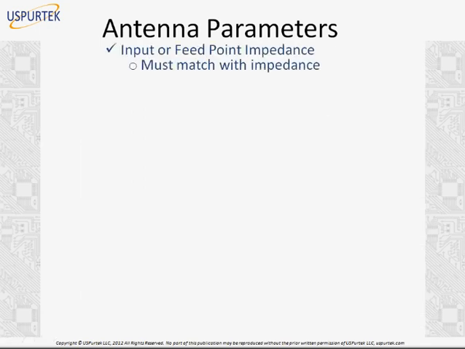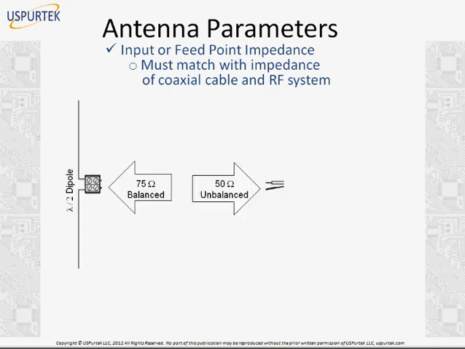Okay. So next move on to the next parameter. Now, before we do that, because impedance is such an important parameter, it must match with the impedance of coaxial cable and the RF system. Now, as we consider a typical half wave dipole has a 75 ohm balanced input impedance. Balanced because it has a very symmetrical structure. You see there is one half wave above and one half wave below in the vertical.